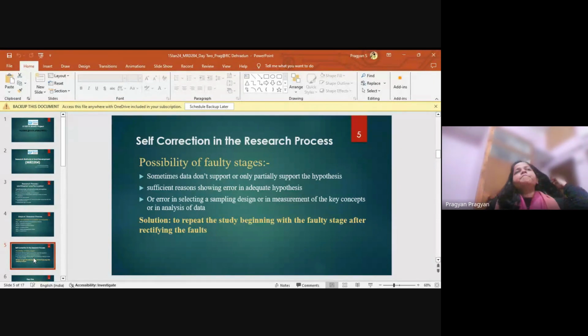Sometimes there is also a possibility that sampling design is creating problems for us. For example, I am talking about health and education of rural women. But actually, we are taking a sample from a village which is located in the vicinity of a city.